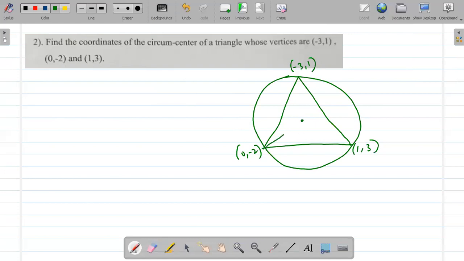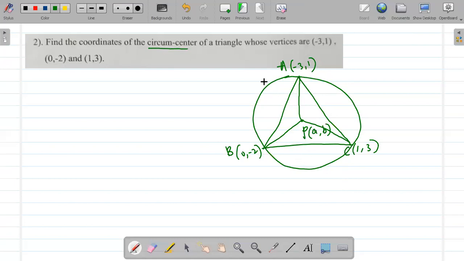Okay, that means if you join, let's label the circumcenter as a point P, and you can label the vertices A, B, C. Let's say the point we need to find is (a, b).